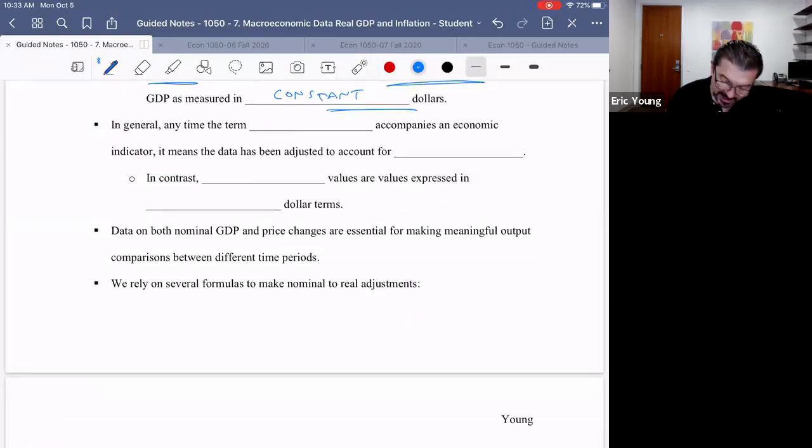In general then, anytime the word real accompanies an economic indicator, it implies that we have adjusted that data to account for inflation. In contrast, nominal values, nominal having the same Latin root as the word for name, are values expressed in current dollar terms.